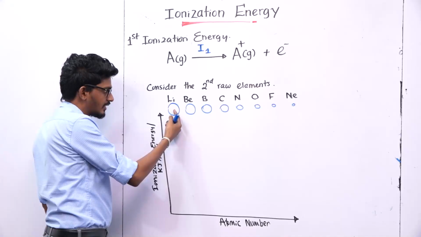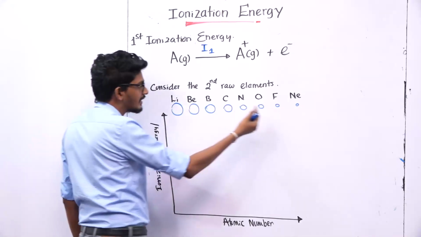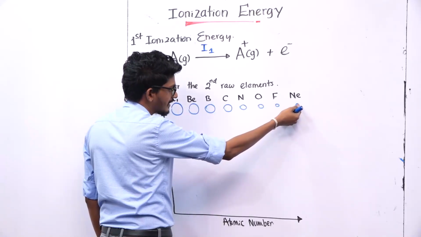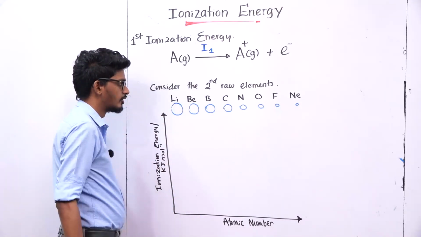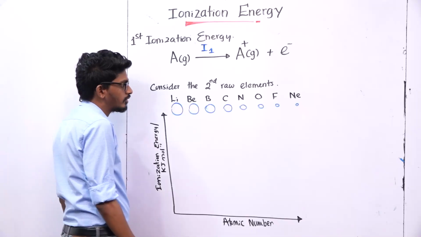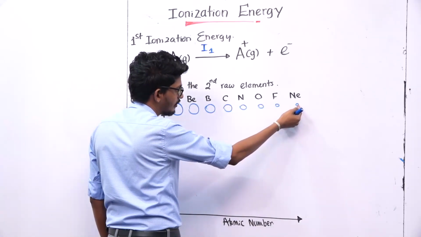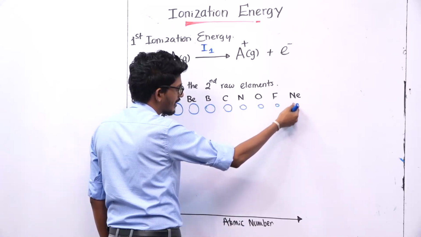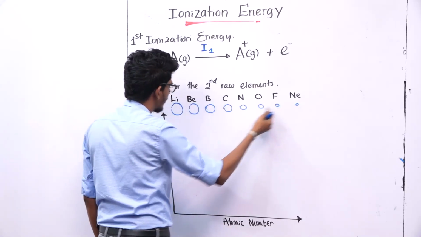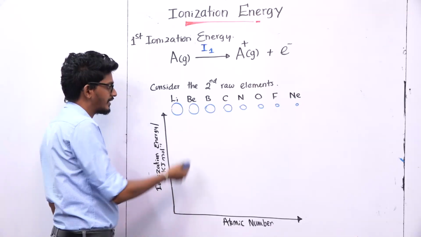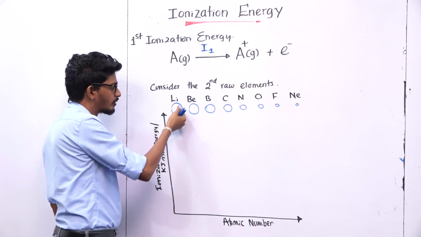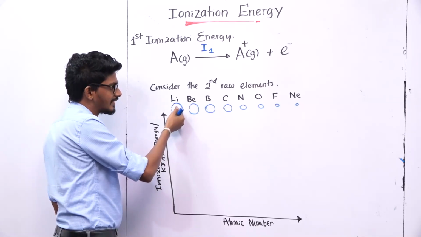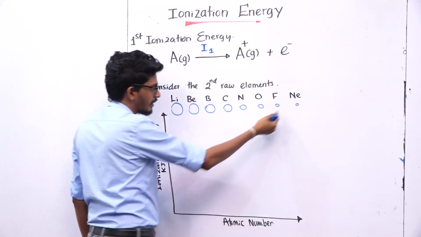So it is more attracted to the nucleus, and the most loosely bound electron is greatly attracted to the nucleus at neon. To remove that electron from a neon atom, you need much more energy than here, because this atom's outermost electron is very loosely bound, as the distance between the nucleus and the outermost shell is a bit high compared to here.